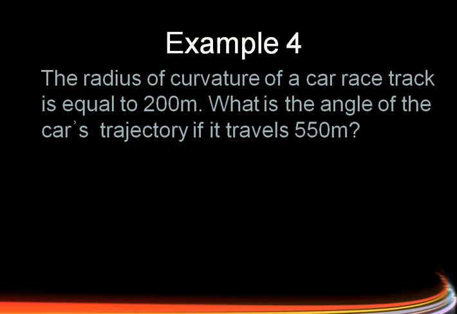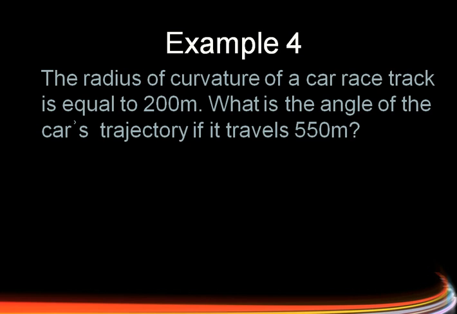As soon as I start giving word problems, we know that there are problems that are going to arise with solving it. So in this case, they tell us the radius of curvature of a car racetrack is equal to 200 meters. What is the angle of the car's trajectory if it travels 550 meters? What I would like to see you do is to write down all the information that is given. I would start off by saying the radius is given to me, that is equivalent to 200 meters.